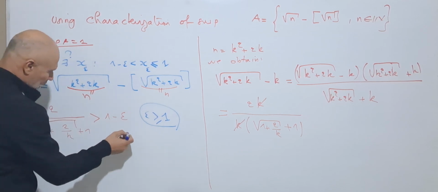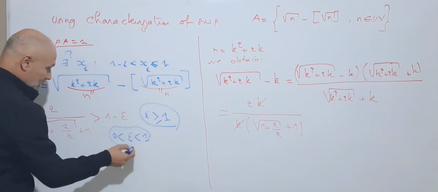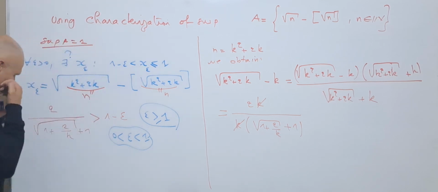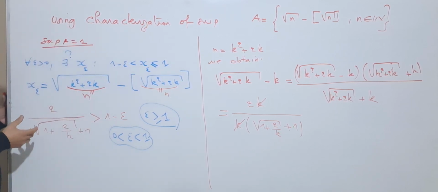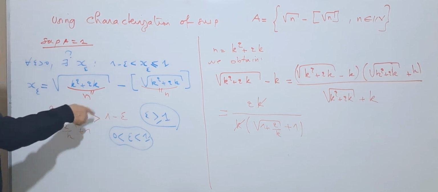Now, for epsilon less than 1 and strictly greater than 0, can we solve this inequality? Actually the answer is yes. We can find k0 such that this is true.